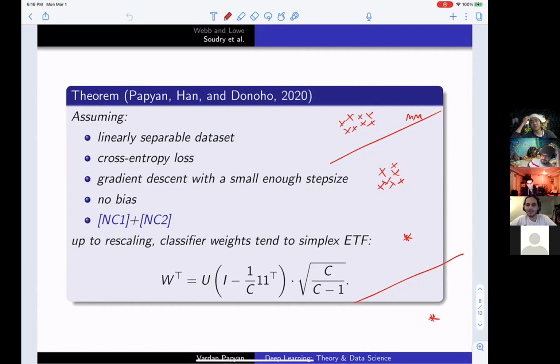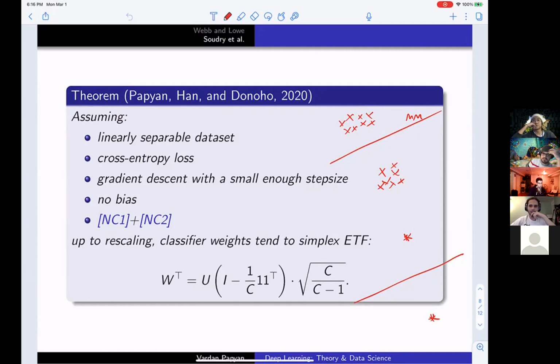I have two questions. Can I ask? Yeah. First is about NC properties. As you mentioned, I think NC1 to NC3 are self-consistent, that you can derive NC4 from those first three, yeah? Yeah. And NC1 and NC2 are sufficient conditions for all of the theorems.